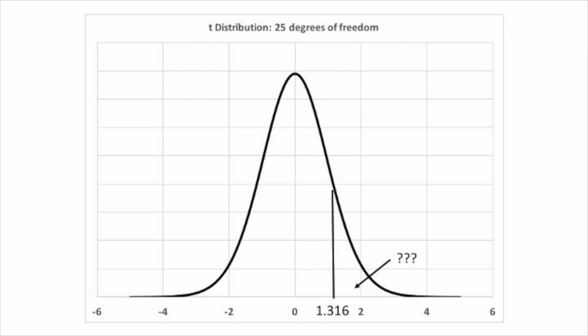Here's another question. With 25 degrees of freedom, what percentage of the distribution has a t-score of 1.316 or higher? So let's draw the t-distribution with 25 degrees of freedom. Now we know the t-score, so we'll put a line in there, and we'll put in the t-score of 1.316. What we don't know now is the area under the distribution that is at 1.316 or higher, or that right tail. So to find that, we go to the t-distribution table.